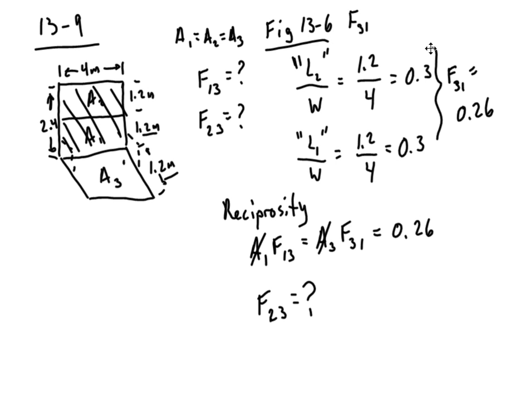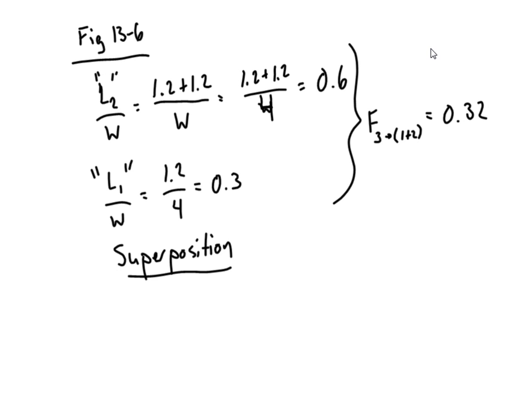Superposition says that the view factor from 3 to 1 plus 2 is just going to equal the sum of the view factor from 3 to 1 plus the view factor from 3 to 2.